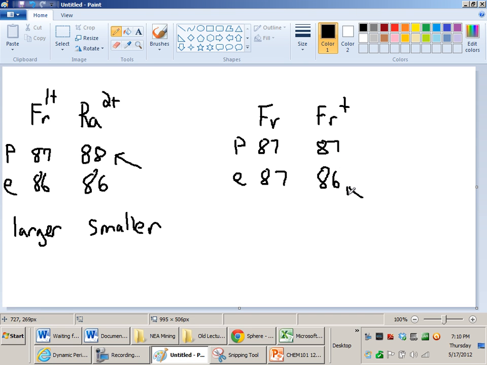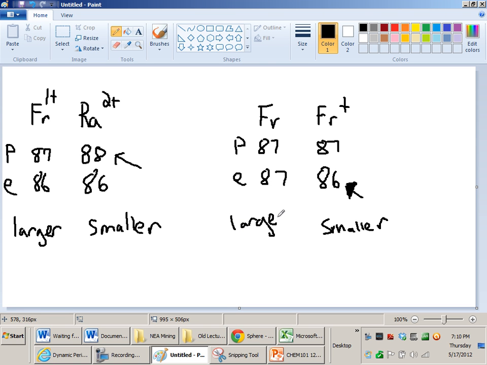These guys have one less other electron to compete with, getting closer to them and blocking the nucleus. So these are slightly less shielded than these electrons. So I would expect that the francium plus electrons are going to be more tightly held to the francium plus ion, and therefore this one's going to be smaller, and this one's going to be larger.